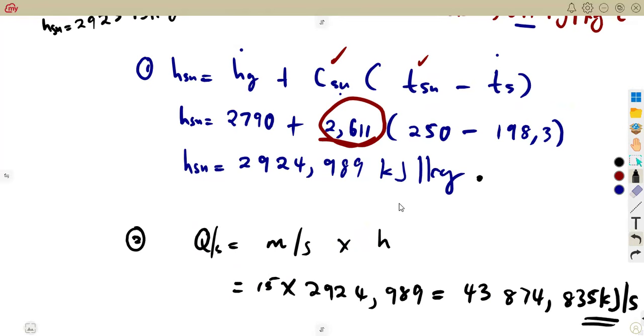The rate of this per given time. If they specify per minute, you have to convert to per minute. But there, it was just calculate the rate. So you just use the mass that you're given. The mass was per second. So let us just leave our answer as what? Kilojoules per second as well.